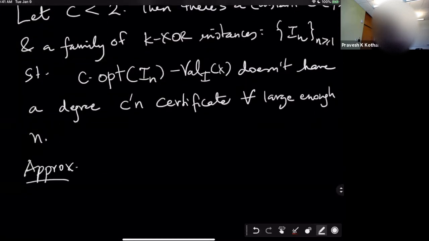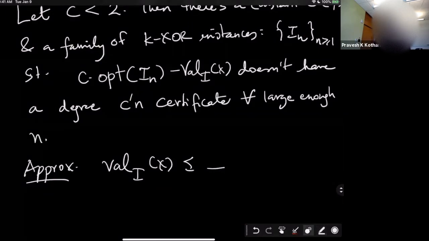Approximation means that you can somehow prove to me that val I x is smaller than something. Okay. So in particular, if you were able to solve this distinguishing problem we wrote earlier, in the case where at most, let's say, 51% of an instance's constraints can be satisfied, you will come up with an upper bound on val I of x. You will somehow prove to me that val I of x is at most 0.51.